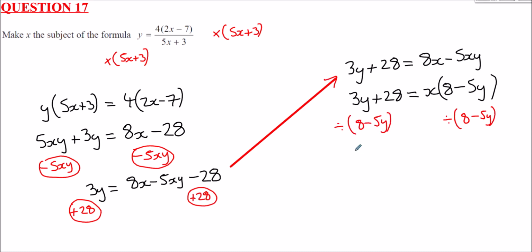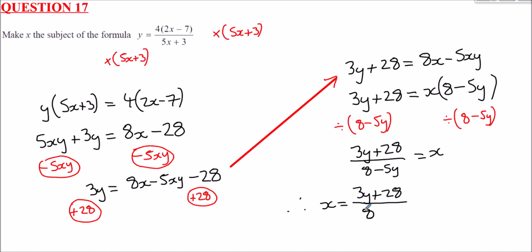So now I'm going to have 3y plus 28 all over 8 minus 5y equals x. But for x to be the subject, x needs to be written first. So I just need to switch this around and put x equals. So x equals 3y plus 28 all over 8 minus 5y.